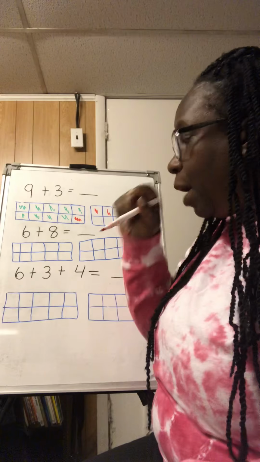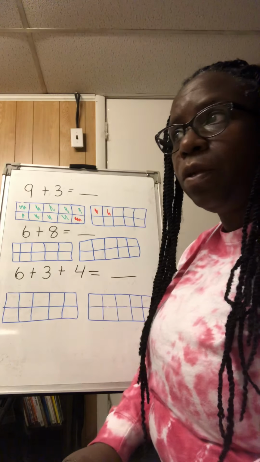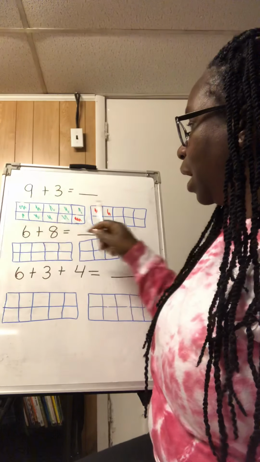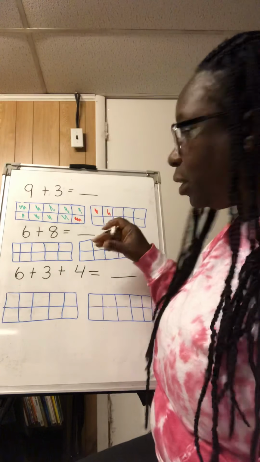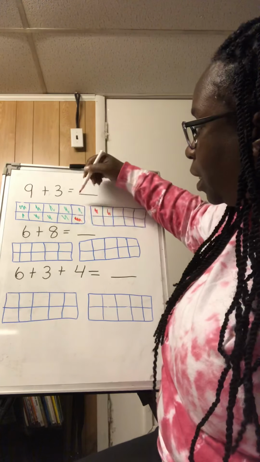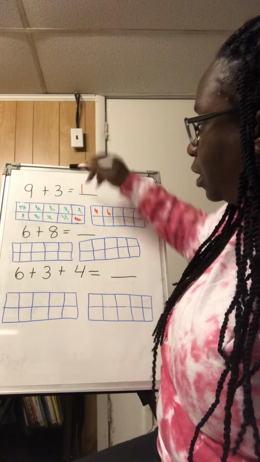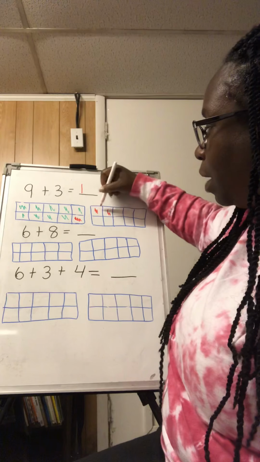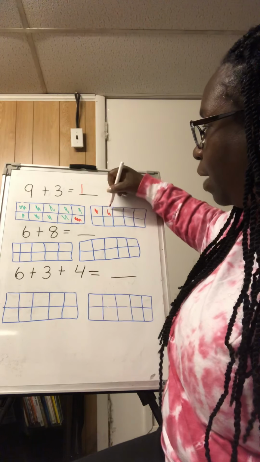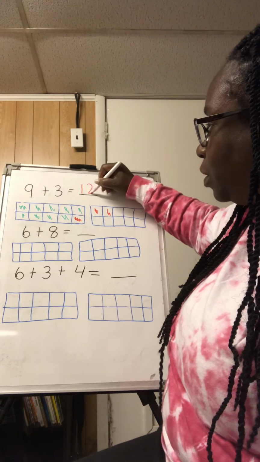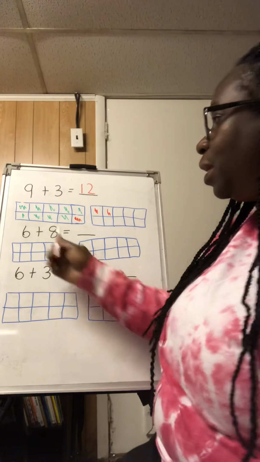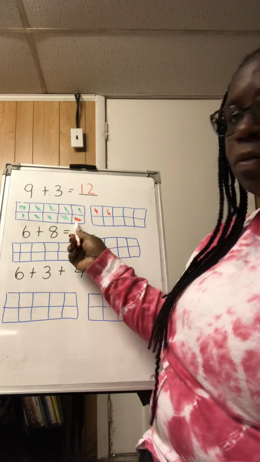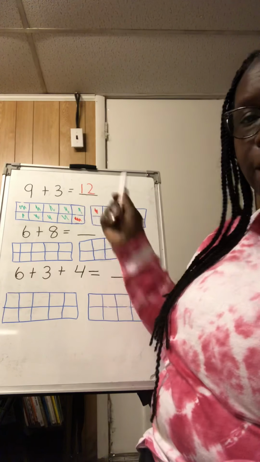Remember how we talked about when you have one 10 and 2 ones. So we're going to take our 10 and put it right here because this is 1 full 10 frame. And then we have 2 spaces left. So that's going to be our 2. Okay, so we made 10, 9 plus one of those, then our 2, which made it 12.